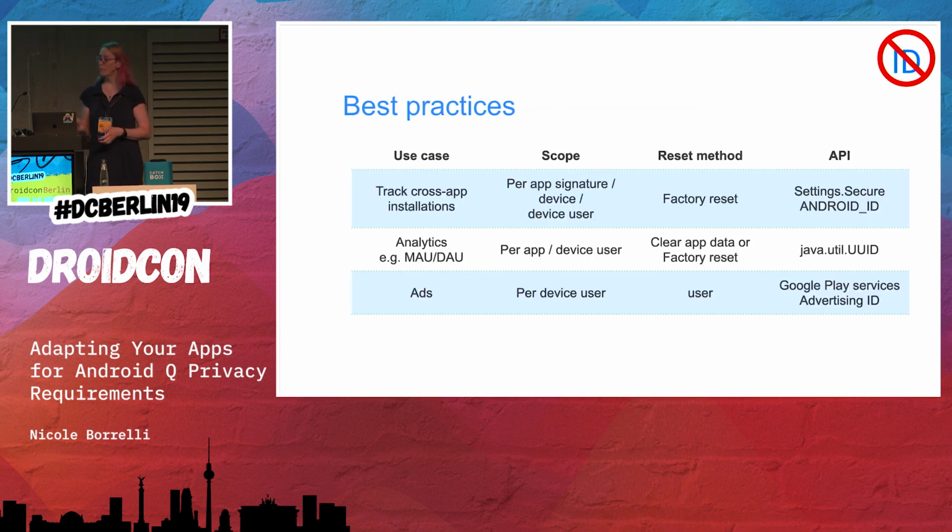In general, the best practices for IDs are these. If you're trying to track cross-app installations, use Android ID. If you just want analytics data, creating your own UUID is probably the way to go. And if you're trying to track the user for targeted ads, then the advertiser ID is the way to go.